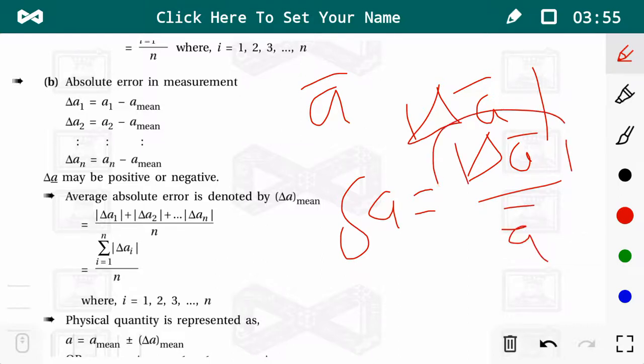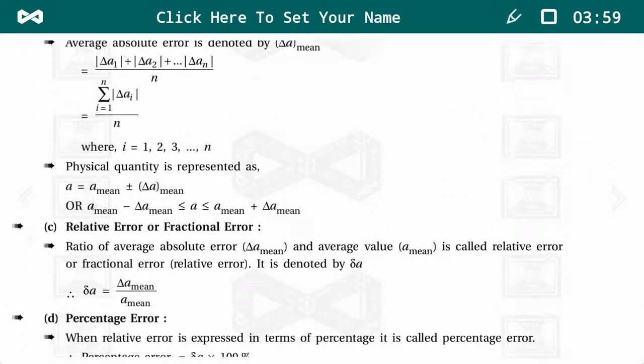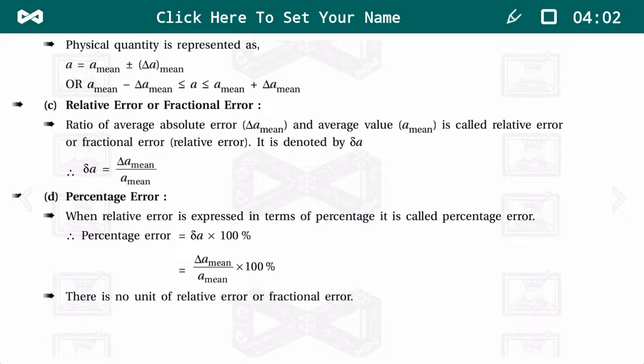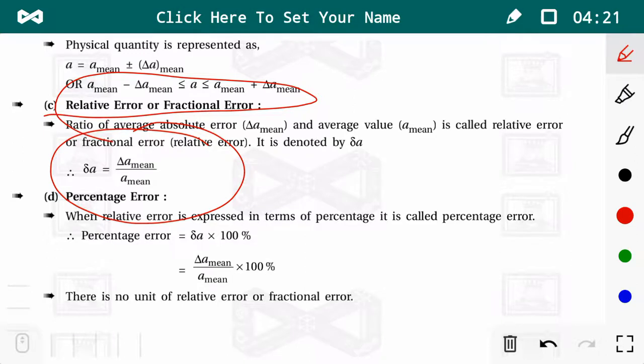So this value is said to be the relative error: delta A mean in the numerator and A mean in the denominator. And when you multiply it by 100, you get the percentage error.